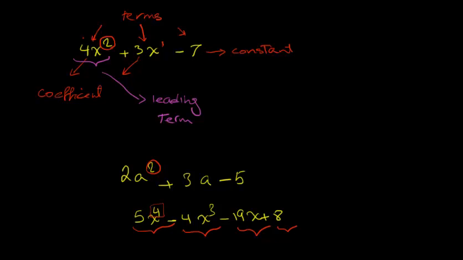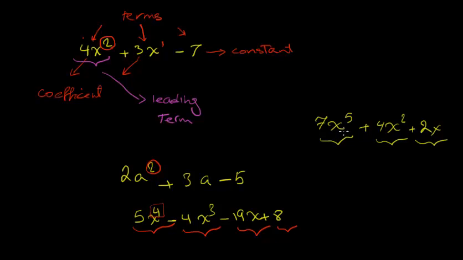Let's say we have 7x5 plus 4x2 plus 2x. In this polynomial, we have 3 terms.